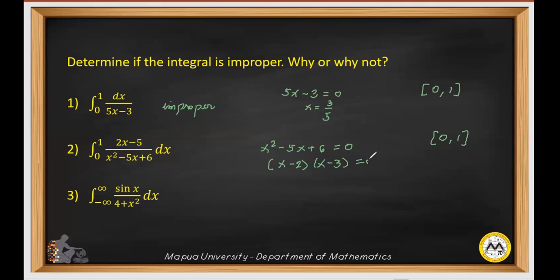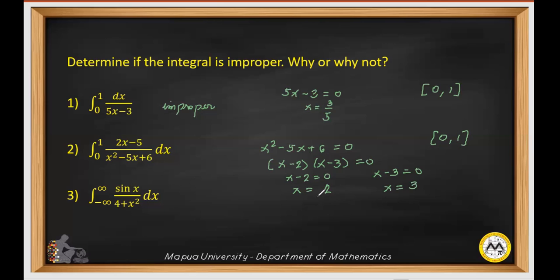Equating each linear factor to 0 gives us x minus 2 equals 0, hence x is equal to 2, and x minus 3 equals 0 gives us x is equal to 3.